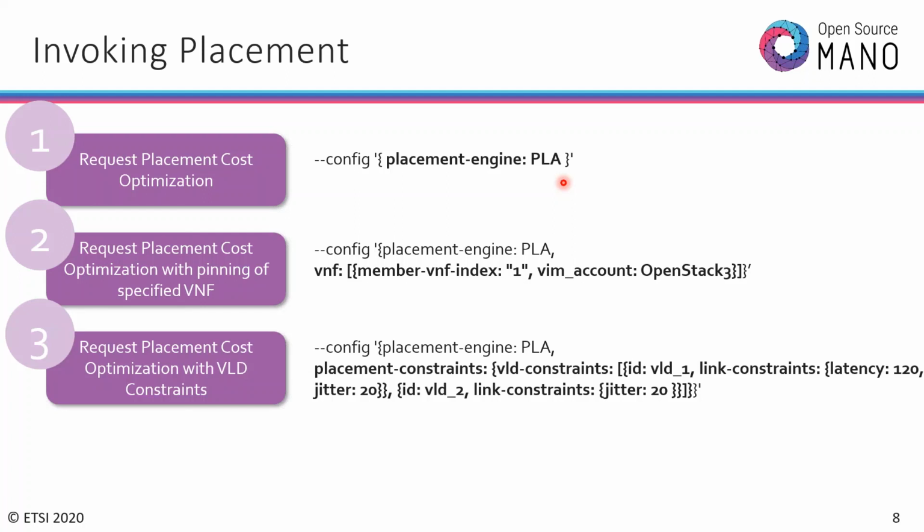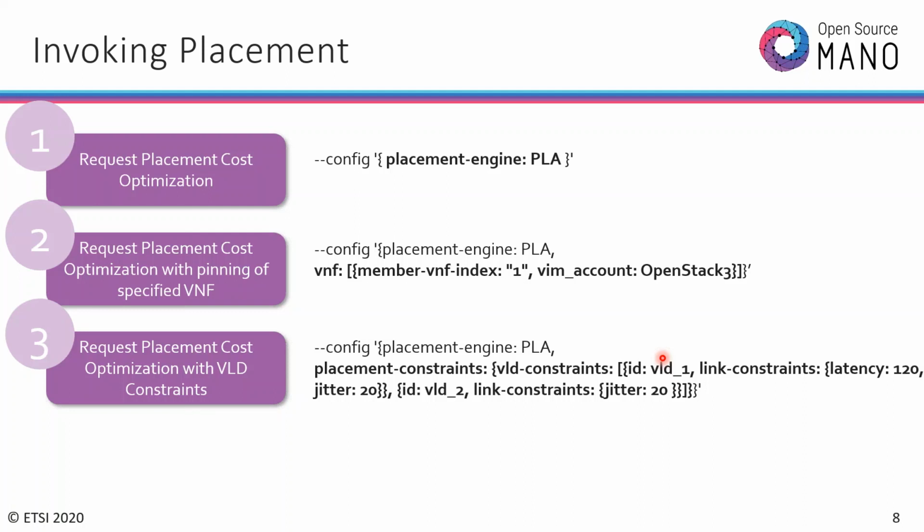And then here we start to see examples of how we request placement with cost optimization, but with constraints on the VLD in this case. So we have the placement engine PLA, and now we start talking about placement constraints. What we have now is constraints on the VLDs. So we identify the VLD, using the terminology and entries that you have in the NSD.